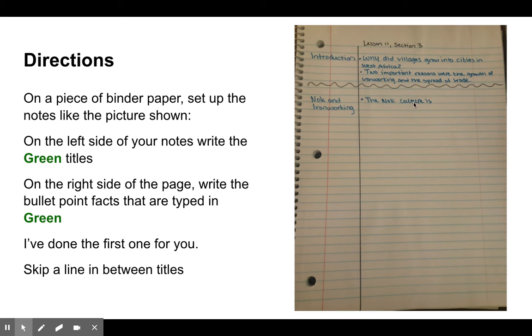I've done the first one for you to give you an idea of what this should look like, and I would also like you to skip a line in between titles. You can either do a squiggly line like I have, or you can just leave it blank, but make sure that you're skipping a line. Your writing should be neat and small, and like I said earlier, it should exactly copy what's written in the slides. So here we go.